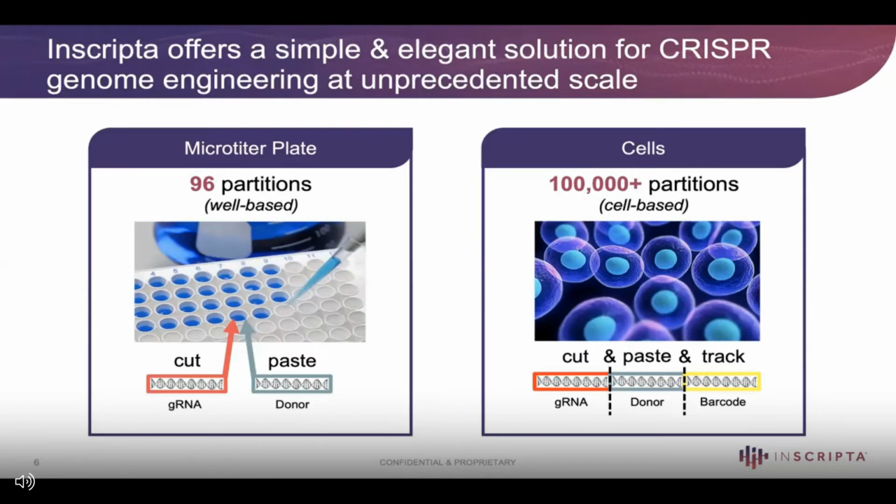Inscripta has this solution for CRISPR-based editing, where historically you think in terms of per-well editing, such that each well would have a guide RNA, or DNA encoding a guide RNA, introduced to it, and then also the homology repair template to make that modification. But the Inscripta Onyx platform is fundamentally based on the introduction of a plasmid that contains the guide RNA, the homology repair template or donor, and a trackable barcode that doesn't get integrated into the genome and rests on an external plasmid.